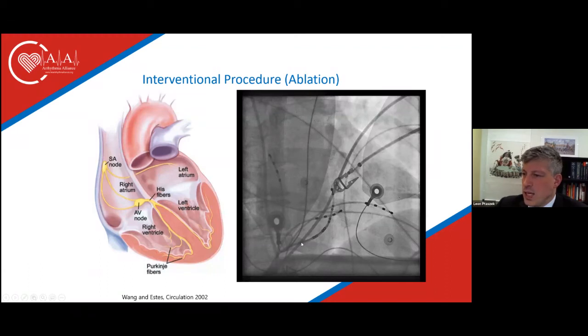You also see a catheter here, which is within the coronary sinus, which is a vein that courses between the left atrium and the left ventricle. You see a catheter that's out in the tip of the right ventricle here.